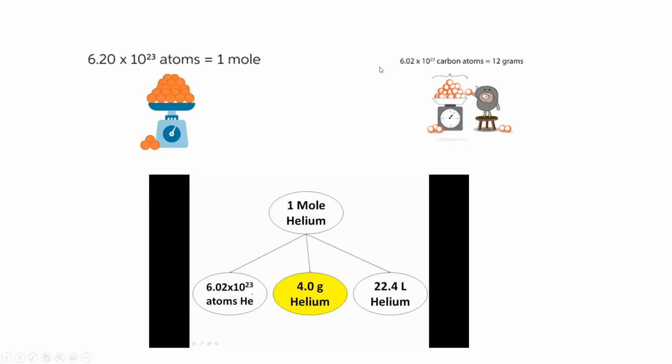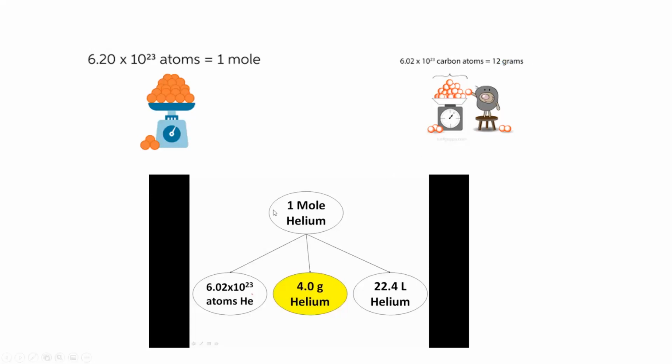But also, we know that 6.02 times, here is a mistake, sorry, it is 6.02, not 6.20. 6.02 times 10 to the 23rd atoms of carbon is 12 grams of carbon.